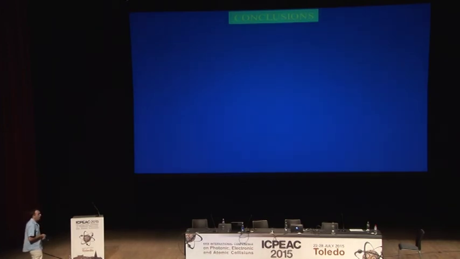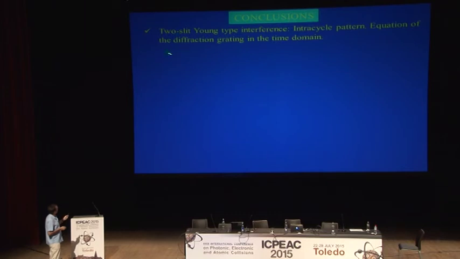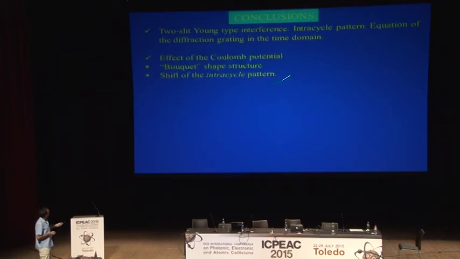So I have reached the conclusions. Firstly, I showed how this Young-type interference naturally emerges for a photoionization process. And we have seen how the Coulomb potential of the remaining core affects this intracycle pattern.